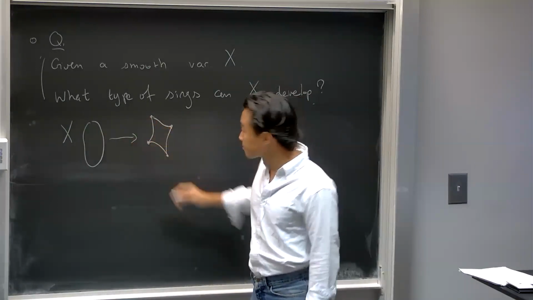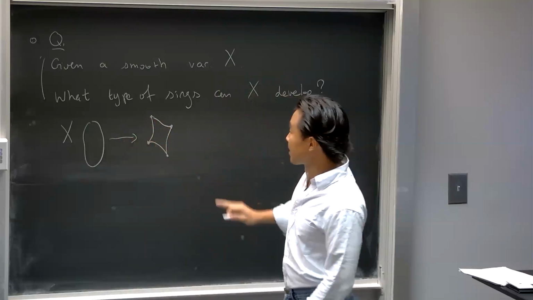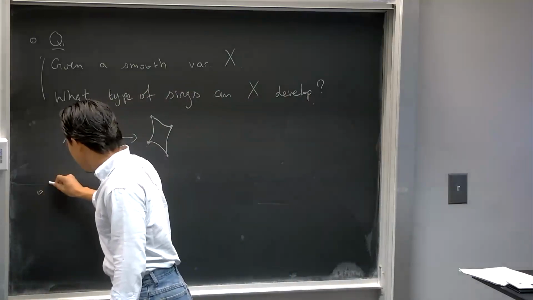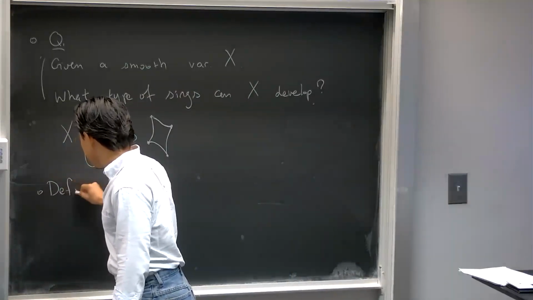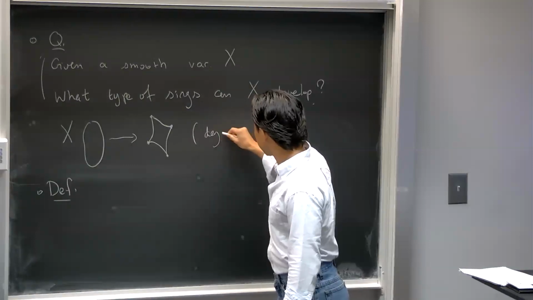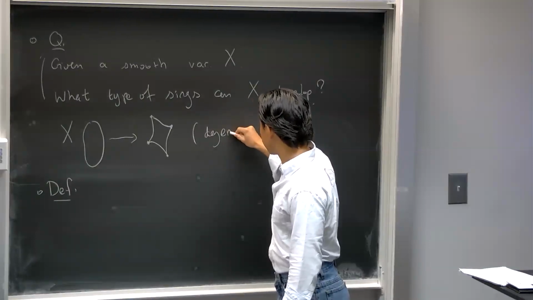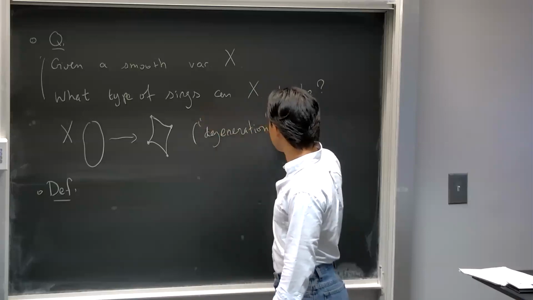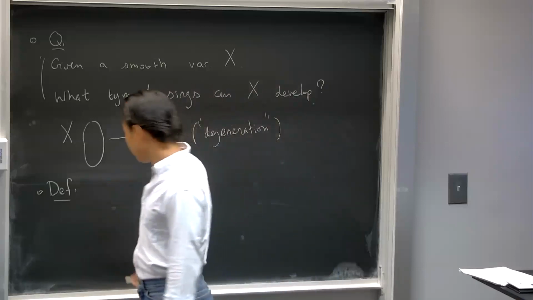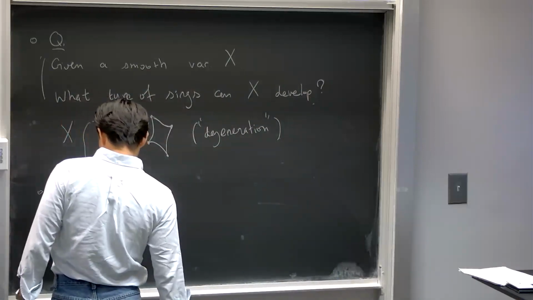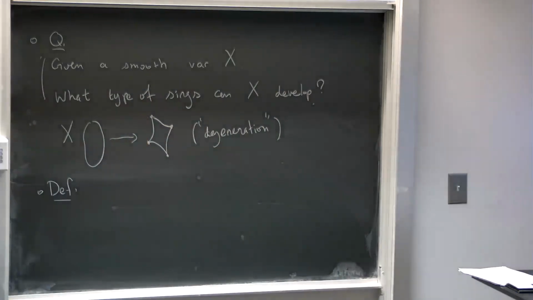To mathematically formulate this procedure, in mathematics it's called degeneration. Let me just recall what it means.